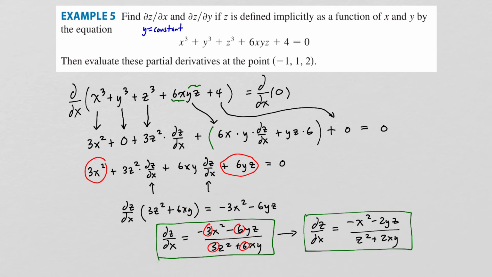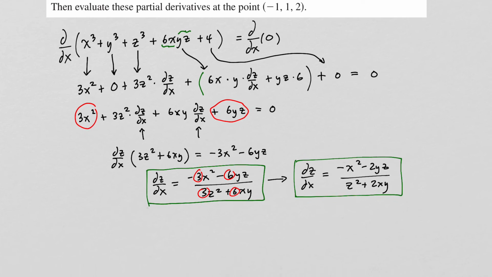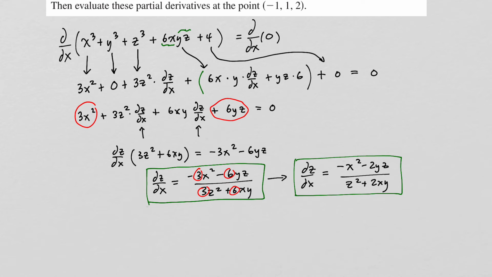Now, for the last part of this, it does say to evaluate these partial derivatives at the point -1, 1, 2. So let's go ahead and take care of that. So the partial derivative of z with respect to x, evaluated at the point -1, 1, 2, is -1 squared minus 2 times 1 times 2 divided by 2 squared plus 2 times -1 times 1.